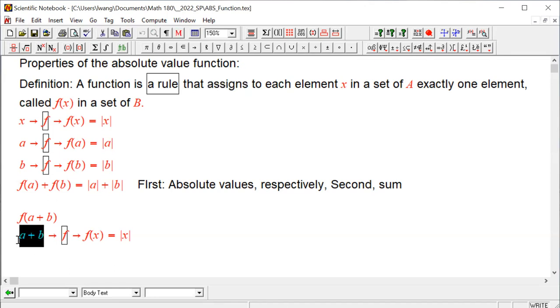So we do A plus B first, and then the output will take this form.